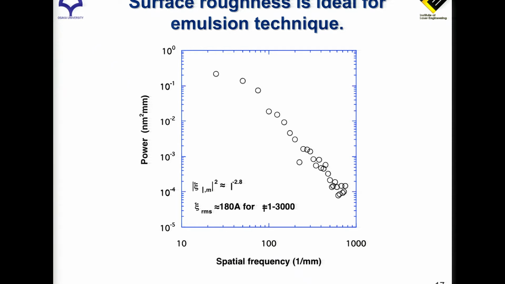And his target is almost ideal. I have carefully inspected the mode amplitude from 1 to 3,000, and the total quad sum of mode amplitude is only 18 nanometer, so it is a pretty good target.